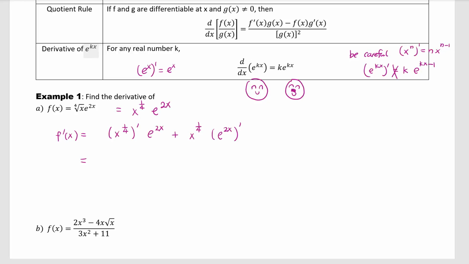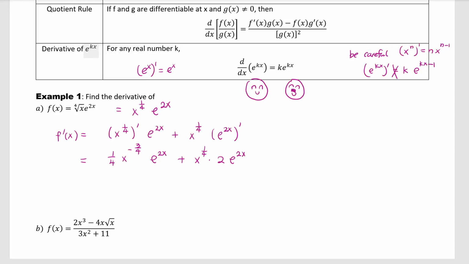So x to the 1/4 derivative is 1/4 x to the 1/4 minus 1, negative 3/4, and e to the 2x stays there. x to the 1/4 stays there. e to the 2x derivative is 2 e to the 2x. That's the derivative of the product.